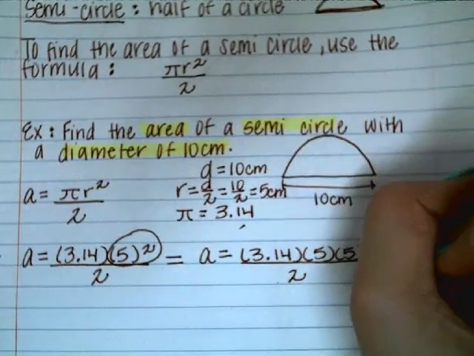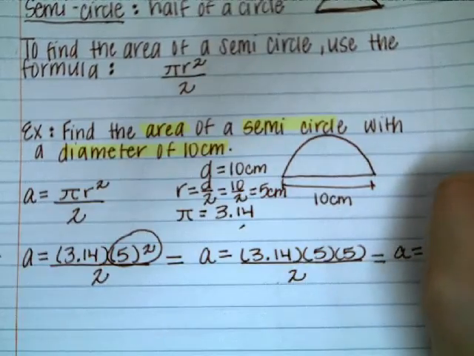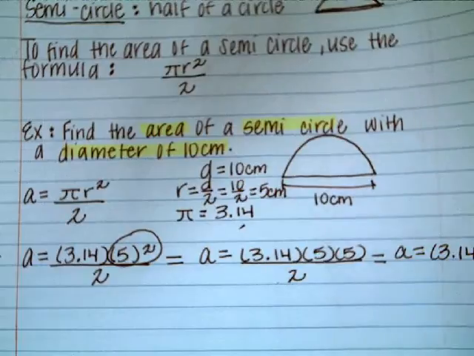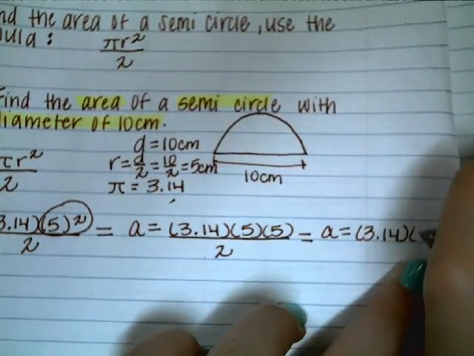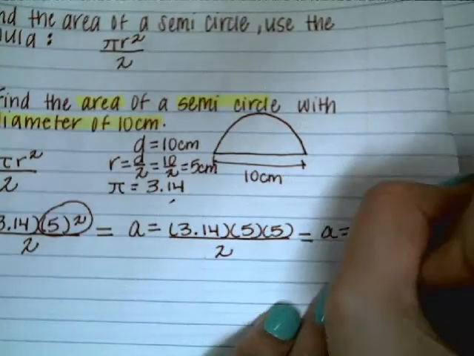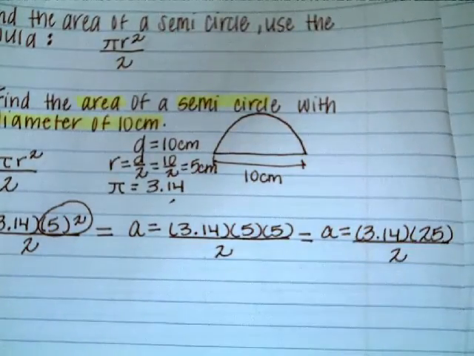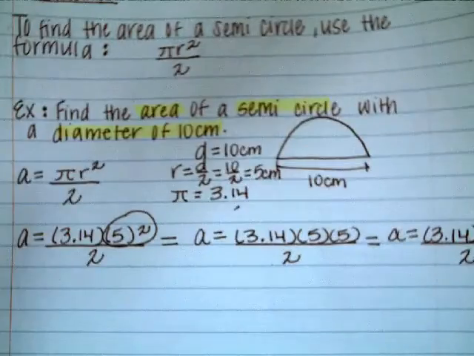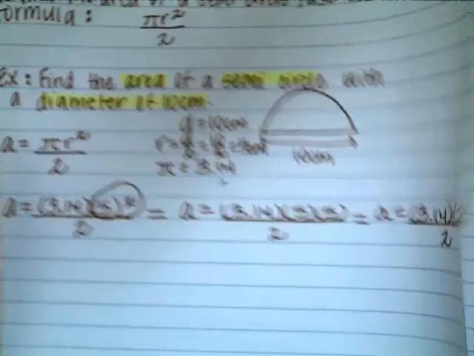Which then equals A equals 3.14 times 25 divided by 2. All right, so our next step is to multiply 3.14 times 25.